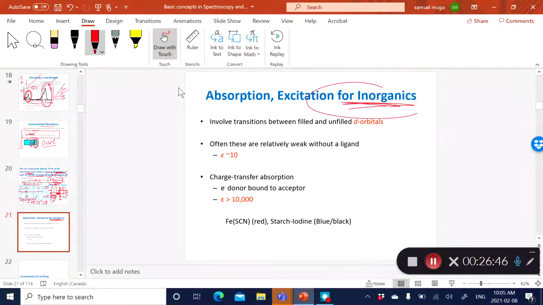Of course, we know atoms have electrons in the s orbital, the p orbital, the d orbital, and so on. And you're going to see that all transition metals tend to have unfilled d orbitals, meaning electrons can transition between the unfilled d orbitals. Because of that, that energy transition is favored.